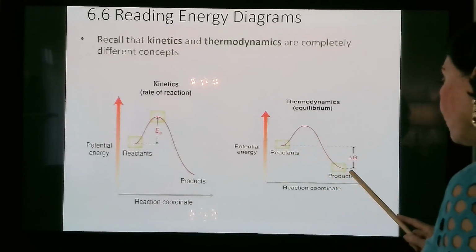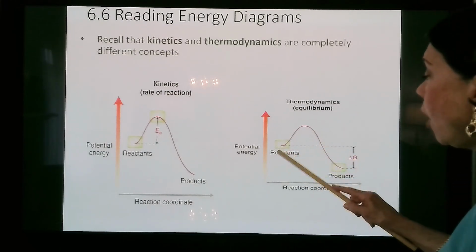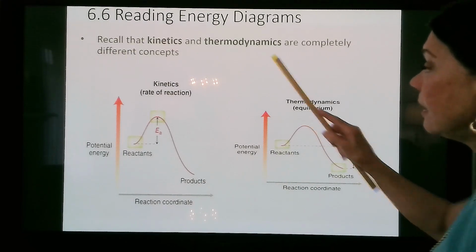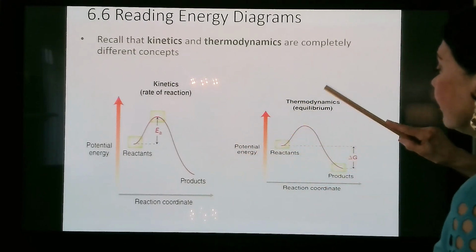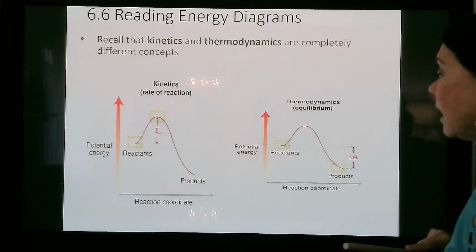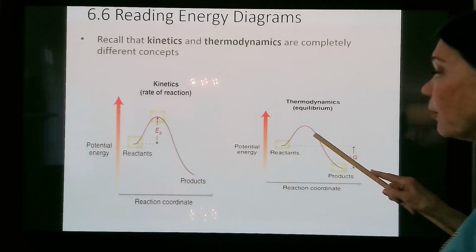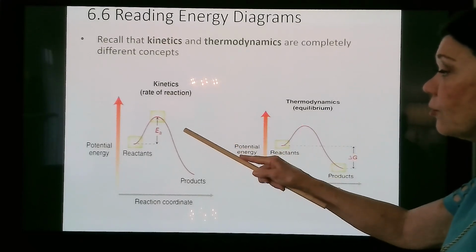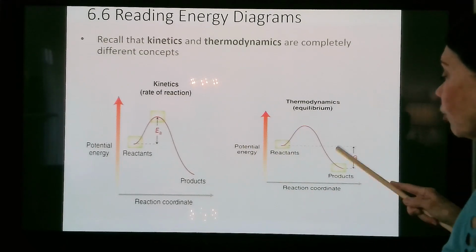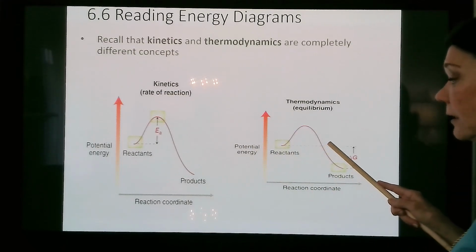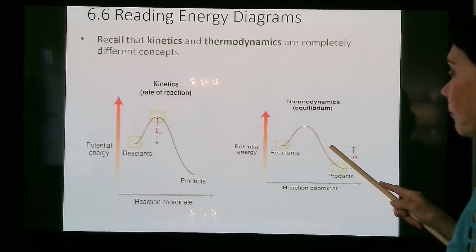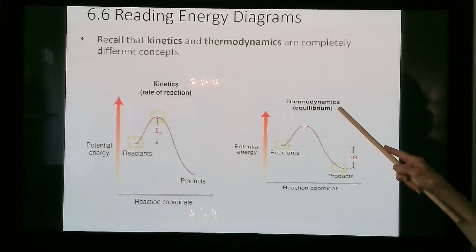So the reactants and products are both going over this energy barrier. This is a higher energy barrier, a lower energy barrier. And so this is an equilibrium. That is a kinetically controlled reaction. This is a thermodynamically controlled reaction. Kinetically controlled, thermodynamically controlled, also called an equilibrium.